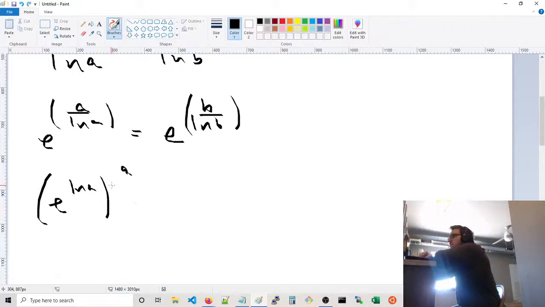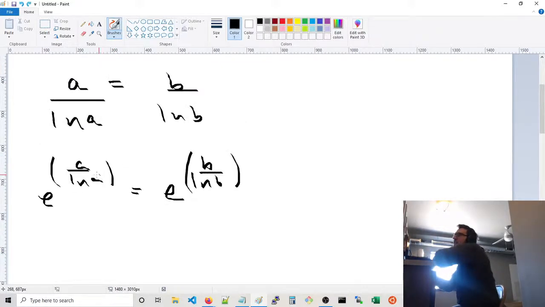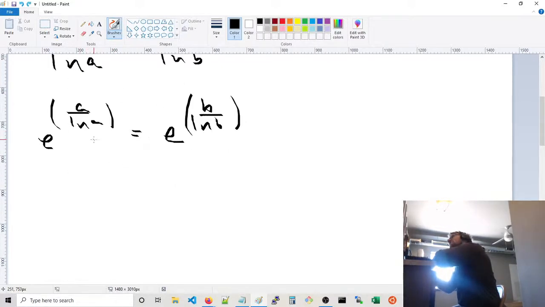No, it's not right. I want to say it's something like e raised to negative natural log of A. That's so confusing. It's actually this root of natural log of A of e raised to the A.